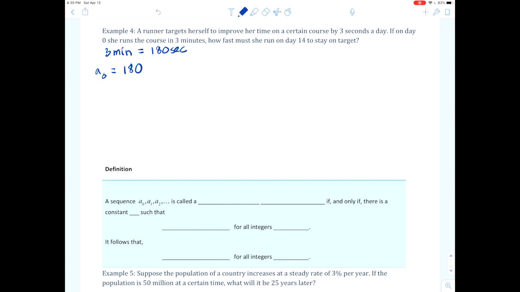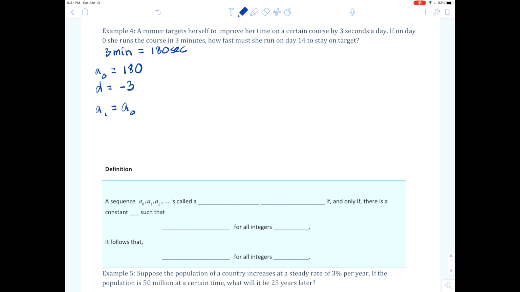Now, every day she wants to decrease it by 3, and so this common difference would be negative 3. So you could think of it as adding this difference. A1 is going to have to be what?